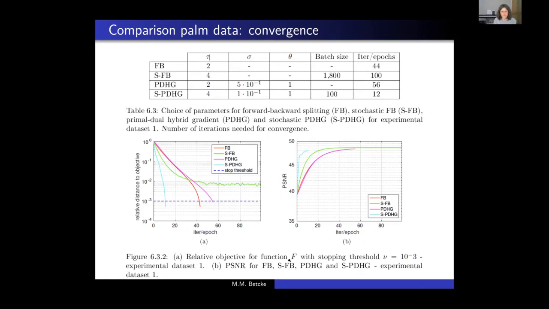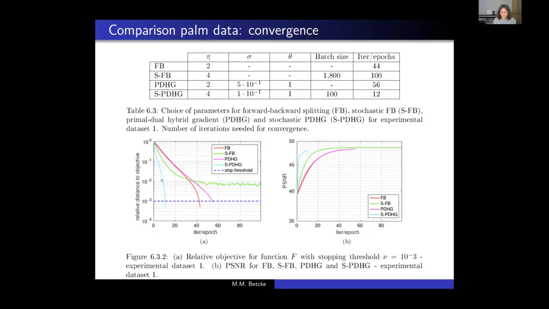However, what is interesting in this plot is that if you remember the green and the blue lines, the cyan lines were coming quite close together until the stochastic gradient descent essentially stagnated. Now you can really see that the Primal dual stochastic version is actually doing better than the simple forward backward splitting.